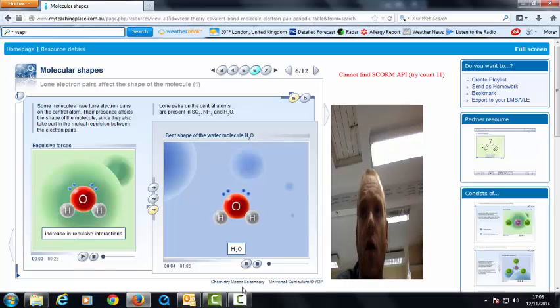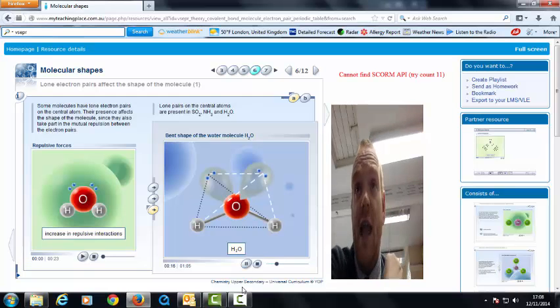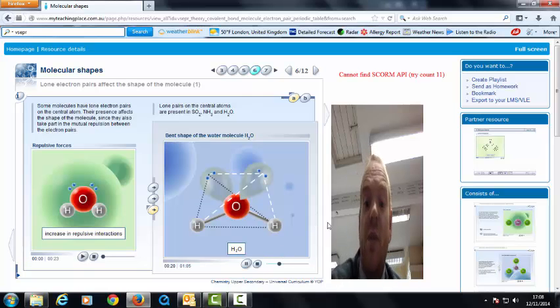A second example is water. Again, I've got 2 bonding pairs, however this time I've got 2 lone pairs. So again, my ideal shape would be a tetrahedron with an ideal bond angle of 109.5 degrees. This time, because I've got 2 lone pairs, my tetrahedron is even more distorted. I need to organize my lone pairs so they are as far away from each other as possible, so that's why they're pointing in different directions there.